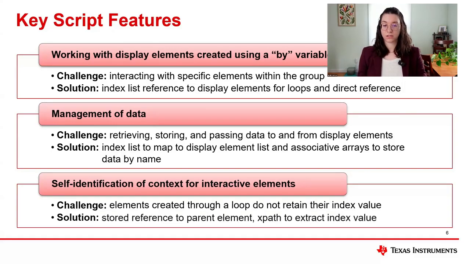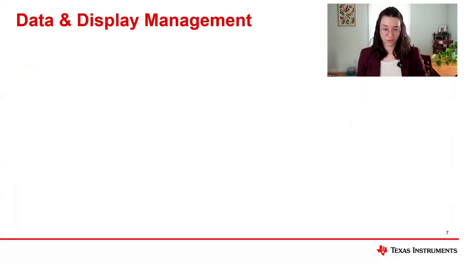So the solution is to give them the ability to self-identify what their context is by storing a reference to the parent element and then using the XPath command to extract the index value where they reside. So I'll step through some examples of all of those things to hopefully help make that a little bit more clear.